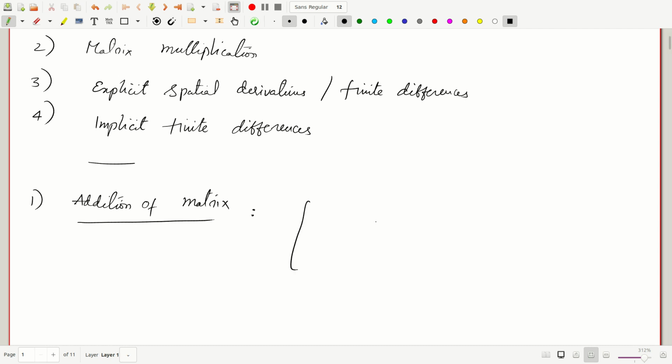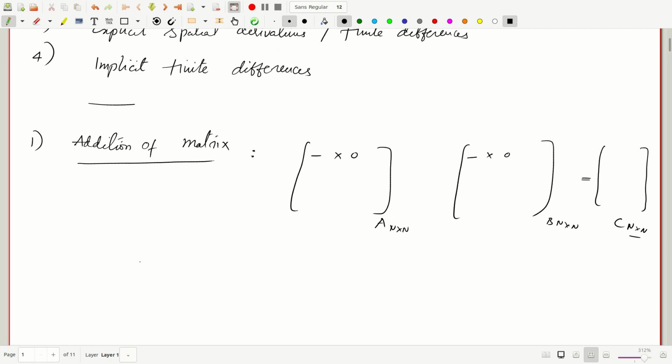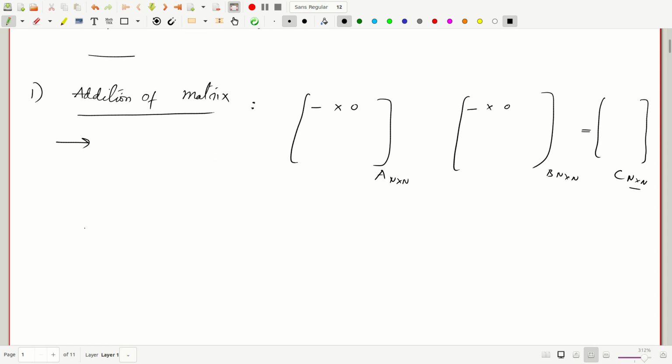If you have two square matrices, A of size n by n and B of size n by n, we would add element by element, and the sum will be stored in the final matrix C, which is also a square matrix n by n. One of the earliest examples, the programming codes that were provided, already has the addition of matrices in both C and Fortran, which you can make use of to write it in parallel.